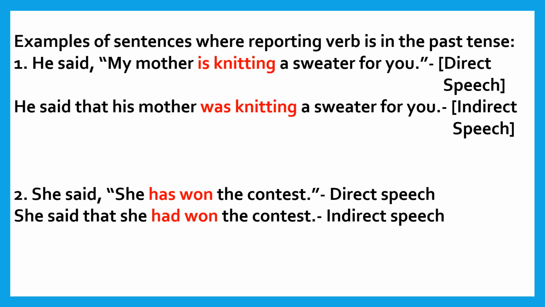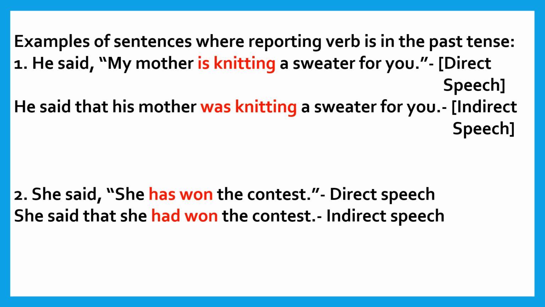Now look at the following examples. They are sentences where the reporting verb is in the past tense. The first sentence, he said, "My mother is knitting a sweater for you." This sentence is in the direct speech. The reporting verb in this sentence is in the past tense.